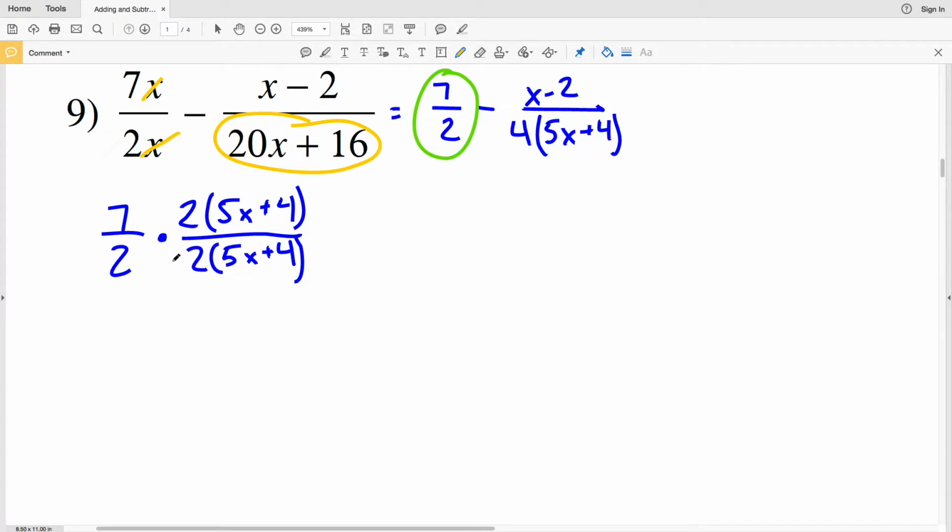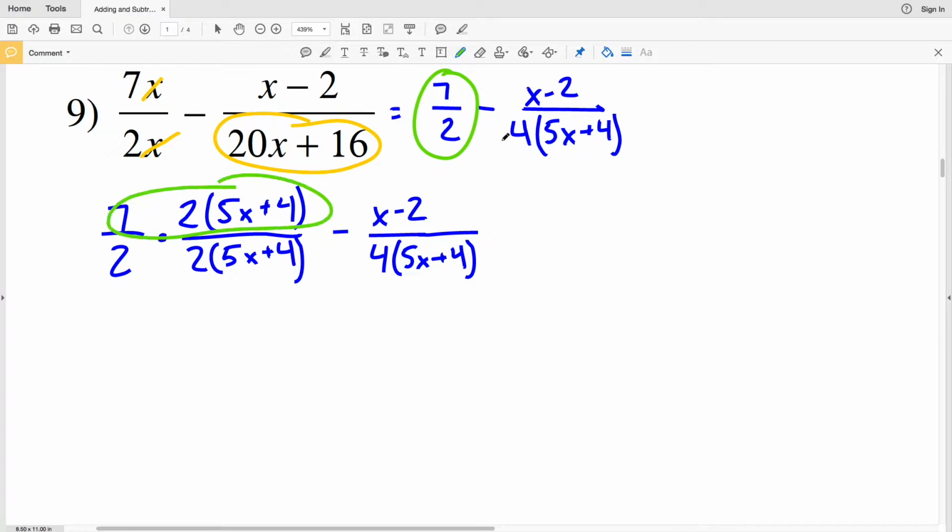So notice that when we multiply this out, 2 times 2 is 4, so we'll have 4 times 5x plus 4. Therefore, we can then subtract our second rational, x minus 2 over 4 times 5x plus 4.